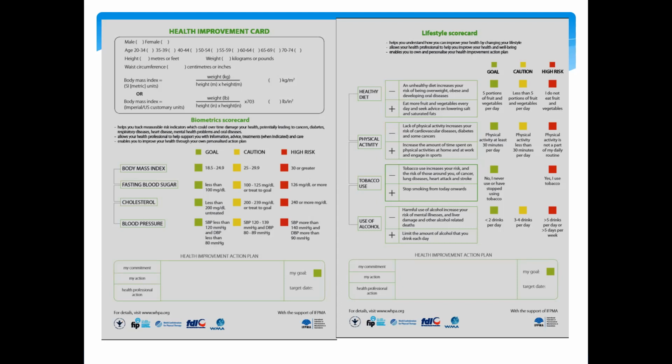So as soon as they come in and meet the MA, we're able to give them a scorecard on where they're at. And then on the right-hand side, they're able to look at how they're doing with their healthy diet and their physical activity. If they're a non-smoker, they get to cross that whole section off. If they don't use alcohol, they get to cross it all off.